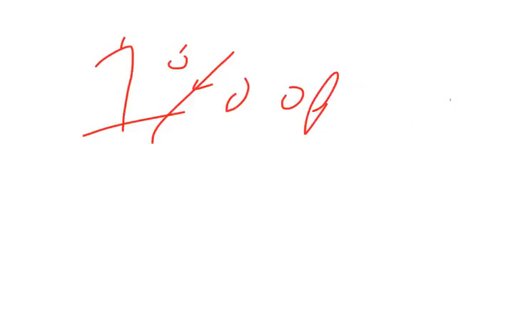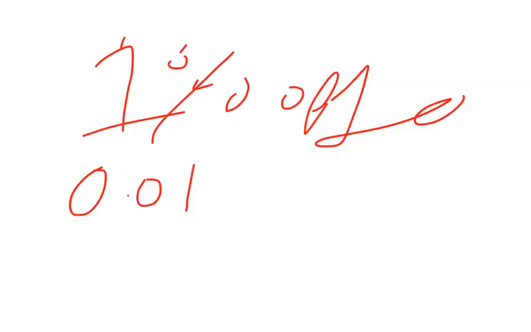That'll be the quickest thing. 1% of 10. 1% is 0.01. How can you check? Just move it 2 places. So 0.01 times 10 is 0.1.